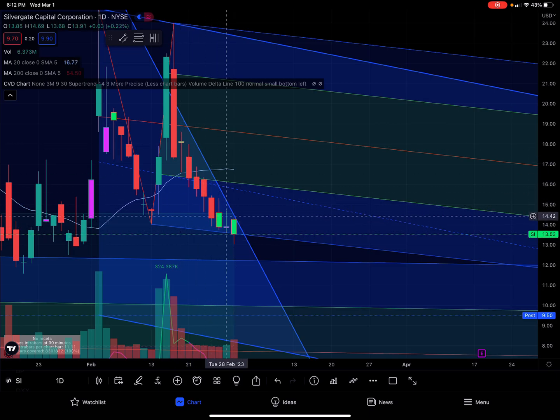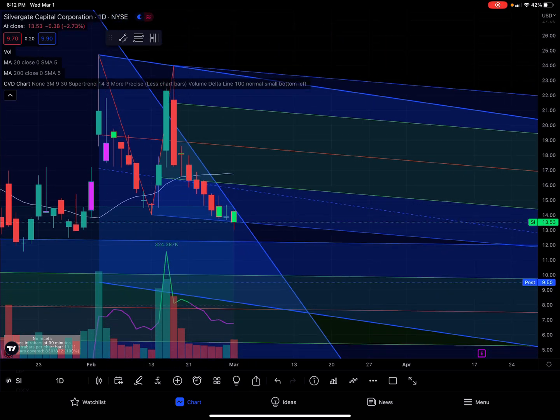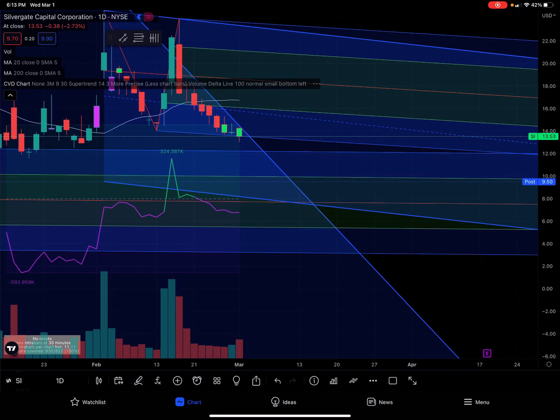None of these tested the parallel channel. And also, the Andrews pitchfork that I made from this top to that bottom to this top is the last line of support. Because this is the last line of support, either price is going to go up, break out of this parallel channel, and go higher, or price is going to fall. Well, price fell after hours. And why did price fall?